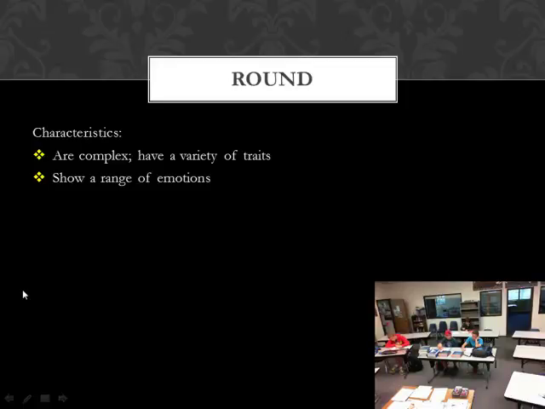They'll be presented with a situation and they'll have to make choices about it, and those choices might cause them internal problems. They have strengths and weaknesses. They're good at some stuff and not good at other things, just like regular people.